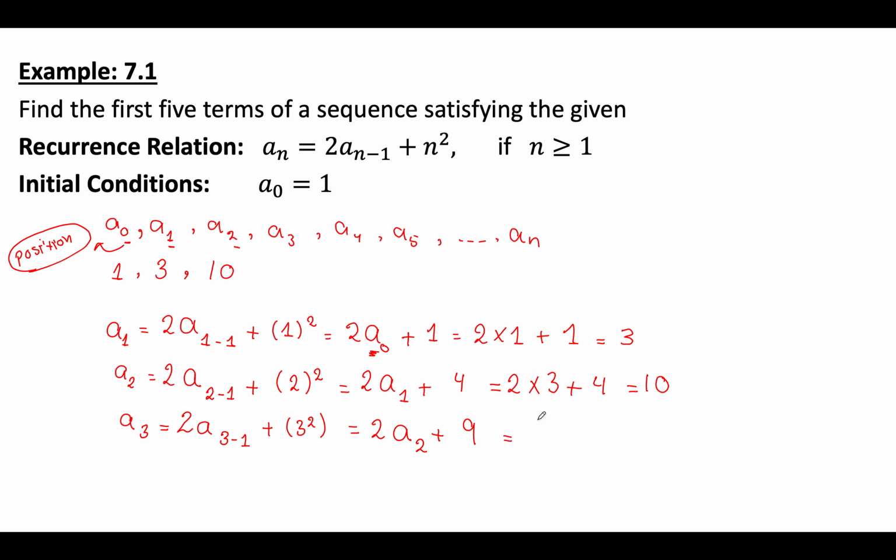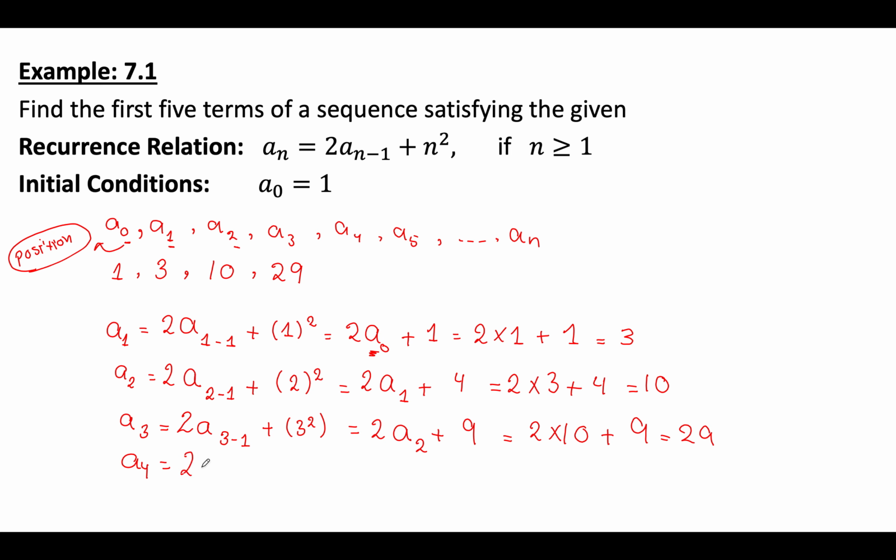So this is equal to 2 times a2, where a2 is equal to 10. So here 2 times 10 plus 9. 2 times 10 is 20 plus 9 is 29. So here we got that the fourth term is equal to 29. We'll continue to the fifth term.